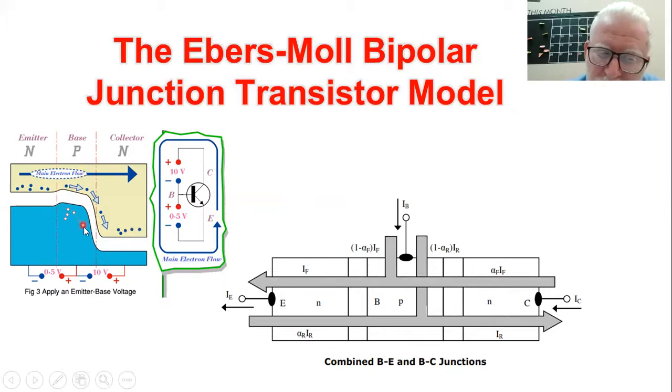Let's turn to the holes. What about the holes? As you can see here, we have a hole flow from the collector to the base. So we have another current here. But the majority of the current will flow from the base to the emitter.